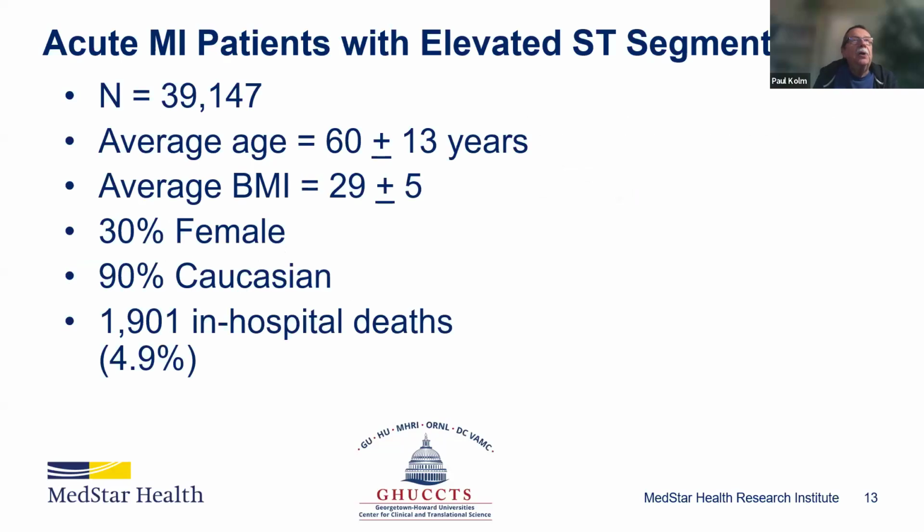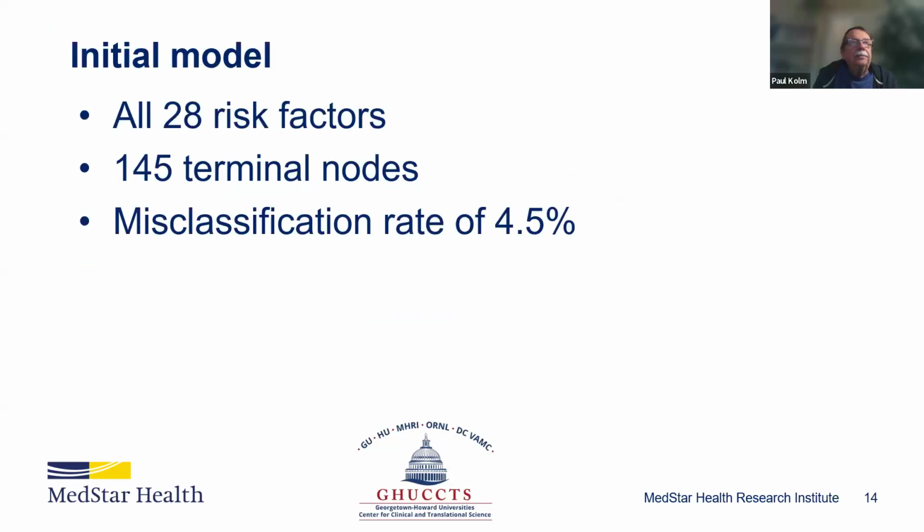So in our acute MI patients, there's 39,000, and then the demographics of it. And the death rate is almost 5%. In the initial model, we're going to include all 28 risk factors.